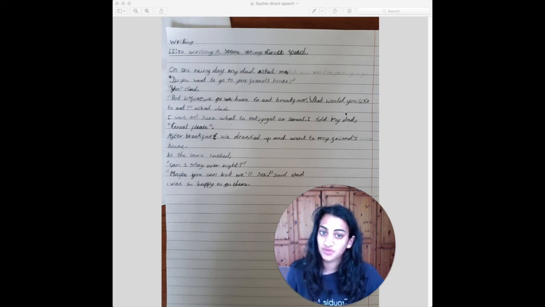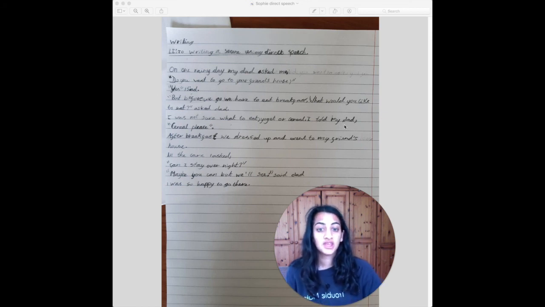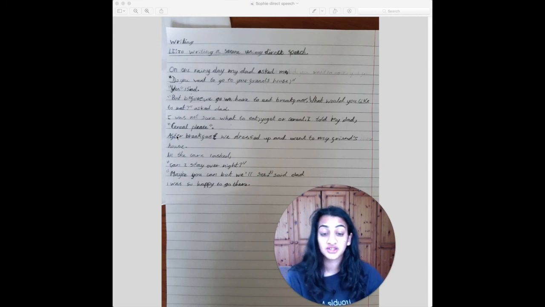Now this is something quite challenging that Sophie's done. She's actually gone ahead onto some year 4 style writing where she has put the reporting clause first and then the speech clause. Now I haven't taught you guys that, so you're not expected to know this, but what I think is probably Sophie's seen in books how they punctuate direct speech when the reporting clause comes first and the speech clause comes second.